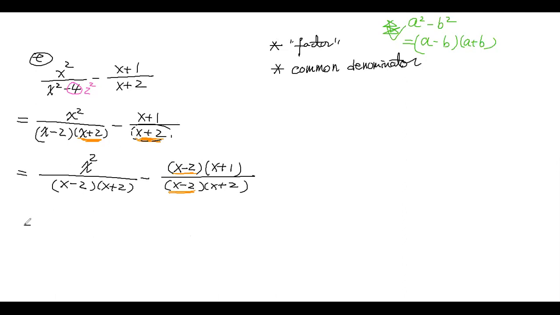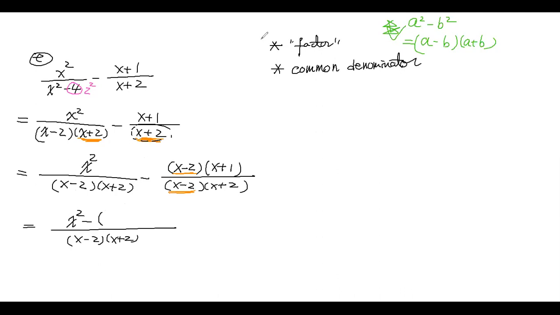Okay, now let's see our algebra. The denominator is x minus 2 times x plus 2. The numerator is x squared, then minus. Here, be very careful about the negative sign, so put in parentheses, that's the safest way.